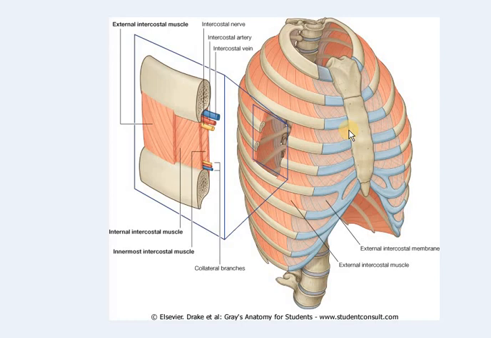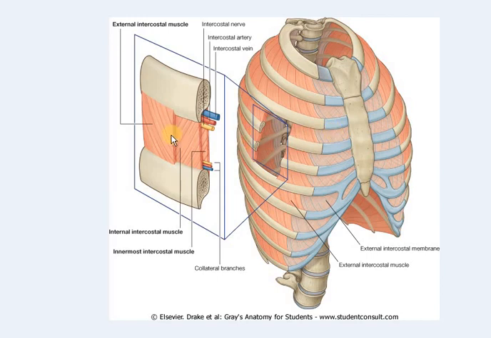Beyond the angle of the rib, it is continuous with the internal intercostal membrane, or the posterior intercostal membrane. So anteriorly in the thoracic wall you can find the anterior intercostal membrane, which is a continuation of the external intercostal muscle, and posteriorly you can find the posterior intercostal membrane, which is a continuation of the internal intercostal muscle.